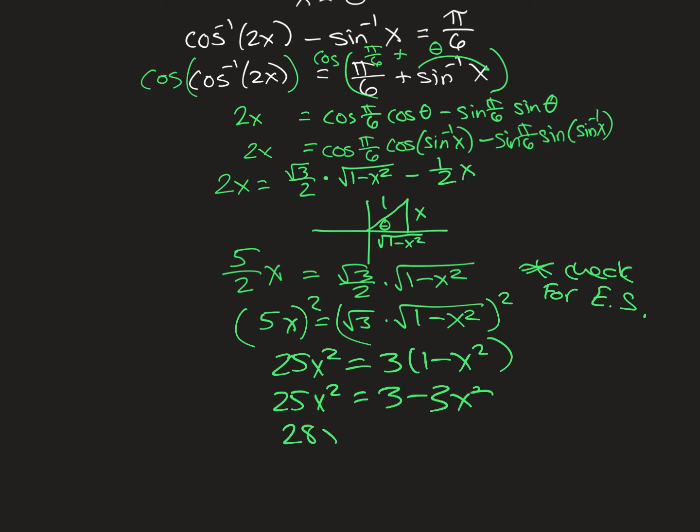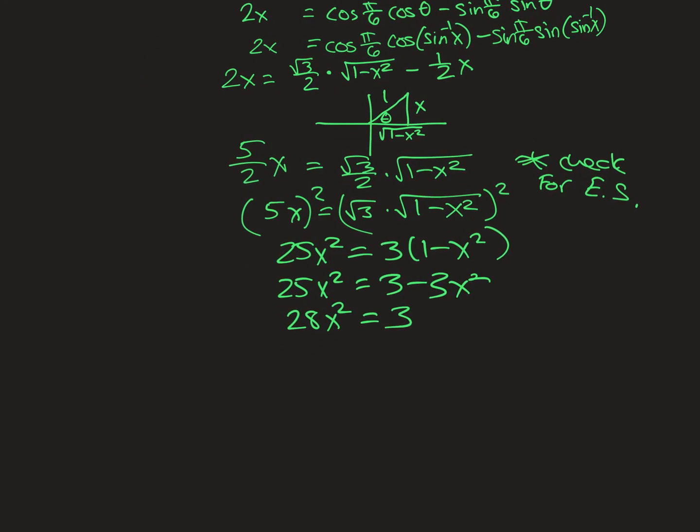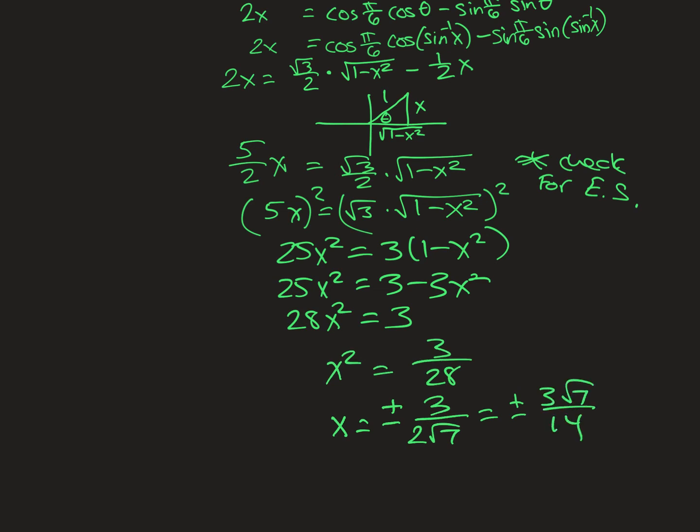So 28x squared equals 3. So x squared equals 3 over 28. Oh my gosh, this is not turning out that pretty. All right, so x is going to be positive or negative 3 over 2 root 7, or we could say plus or minus 3 root 7 over 14.